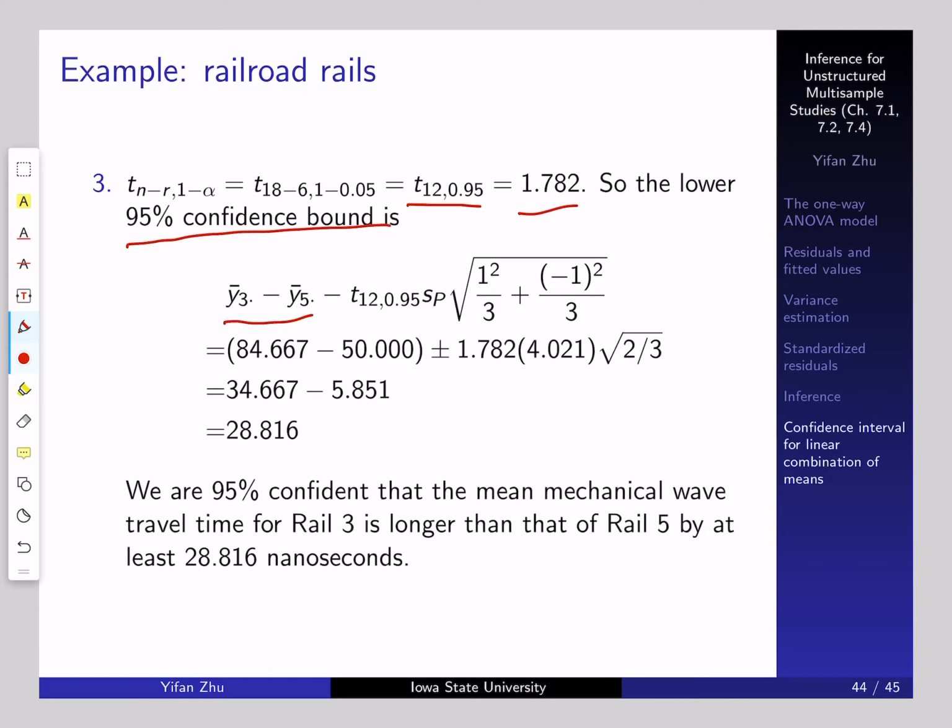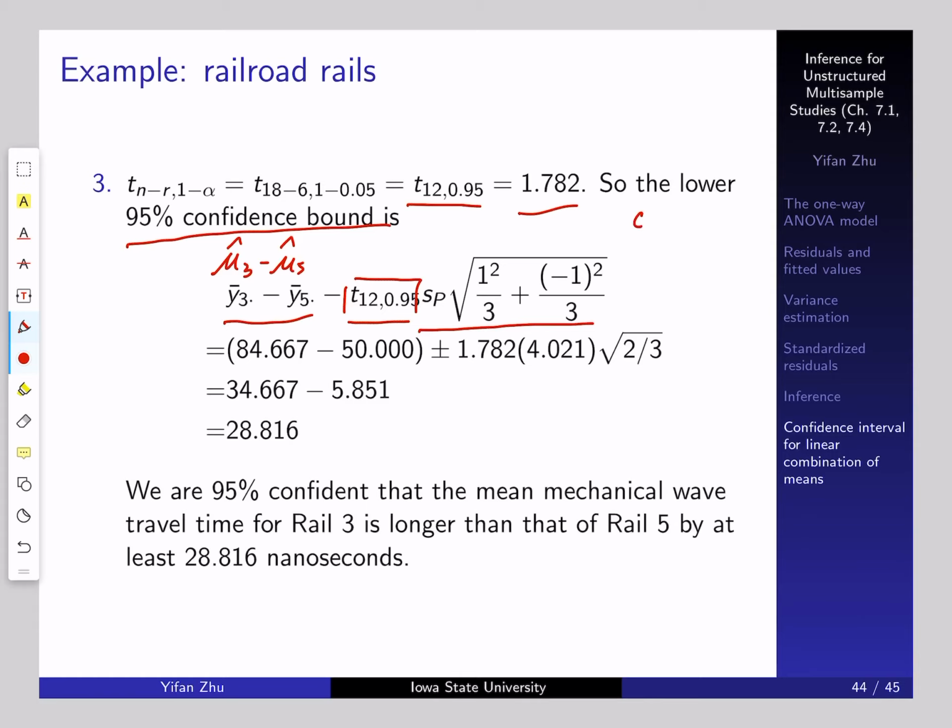mu3 dot bar minus mu5 dot bar. This is mu3 hat minus mu5 hat minus the quantile times SP and the square root of 1 squared over 3 plus negative 1 squared over 3.